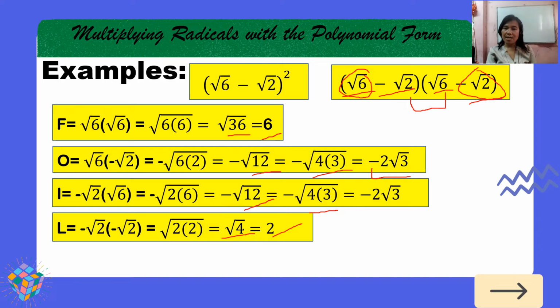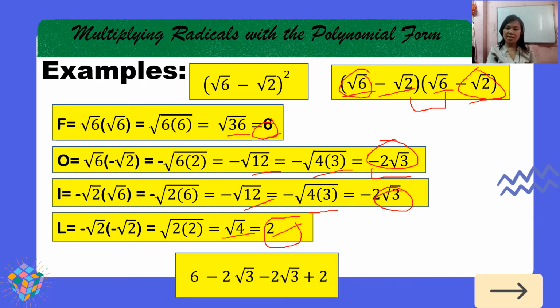We'll write the final answers for the F, for the O, for the I, and then for the L. So, meron tayong 6 minus 2 square root of 3 minus 2 square root of 3 plus 2.